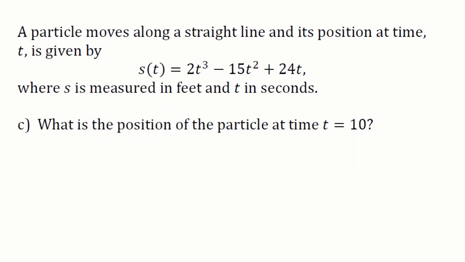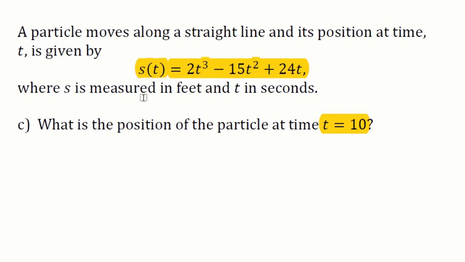Same modeling function. Question C here is quite easy. What is the position of the particle at time t equals 10? This modeling function tells us where the particle is at any time instant.